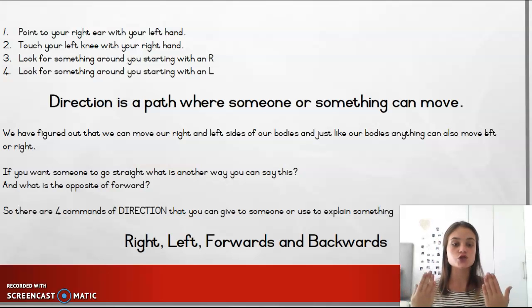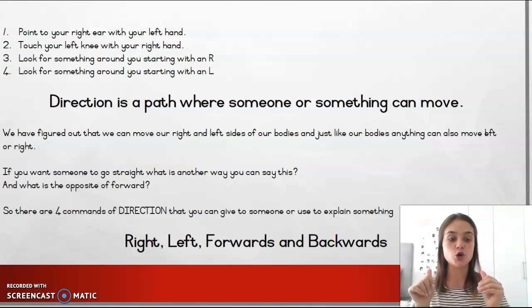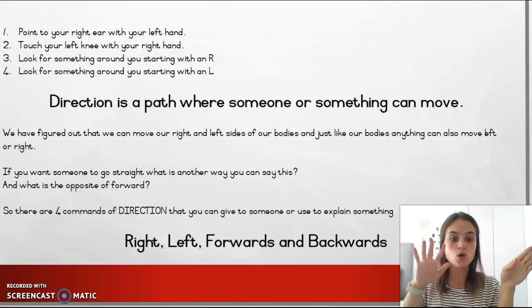I can say go straight or I can say go forward. And if I'm explaining to someone or using a map, I can either say you go up, because up is when you travel up, but you can either go straight or forward or up. Then you can go backwards or down or right or left.